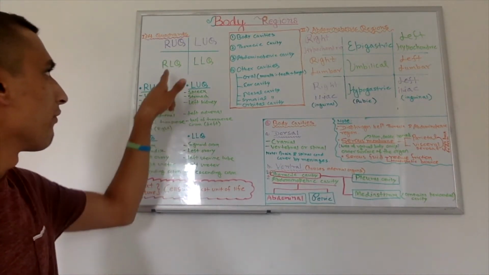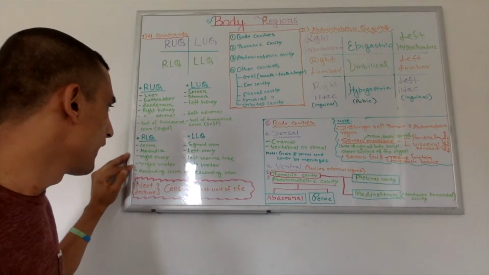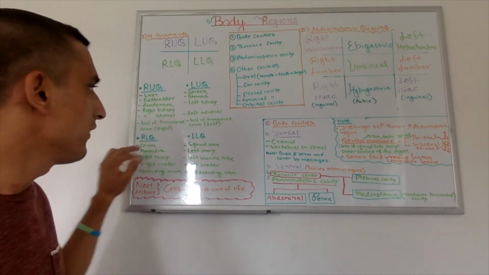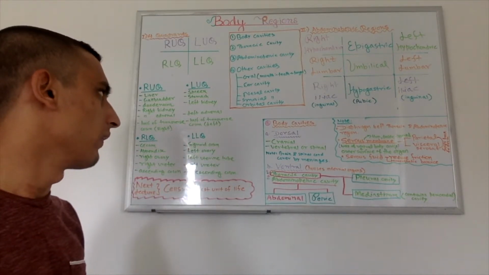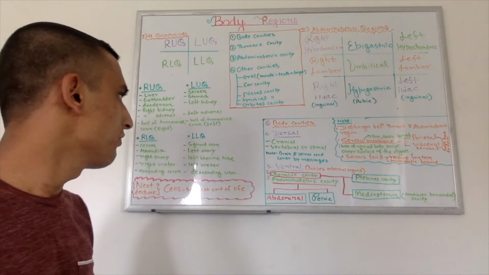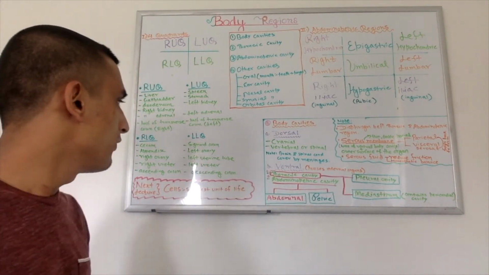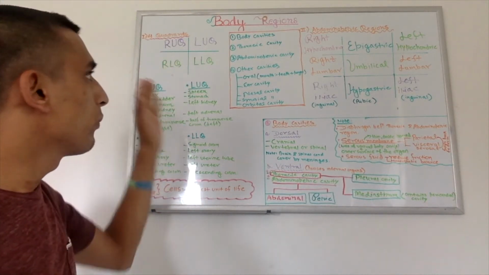The right lower quadrant has the cecum, appendix, right ovary in the case of female, right ureter, and ascending colon. In the left lower quadrant, you have the sigmoid colon, left ovary in the case of female, left uterine tube in the case of female, left ureter, and the descending colon. These are the four quadrants.